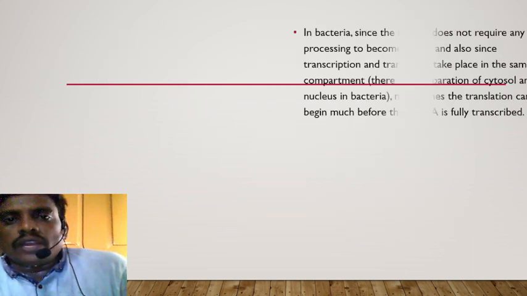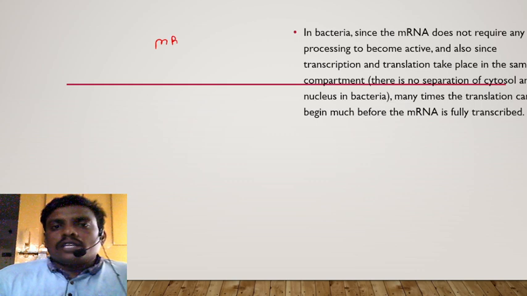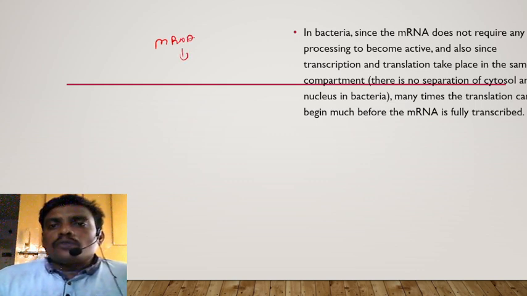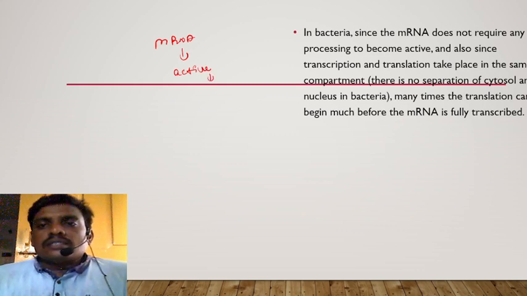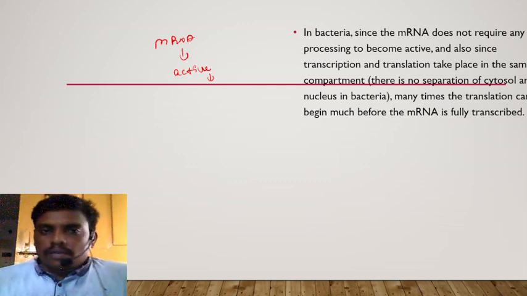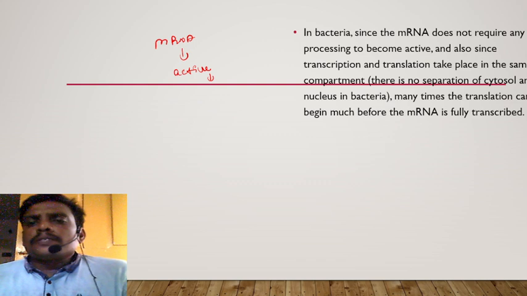Finally, in bacterial cells, since messenger RNA does not require any processing to become active, it is automatically active, and transcription and translation take place in the same area. There is no separation of cytosol and nucleus in bacteria, because the genetic material is dispersed in the cytoplasm.